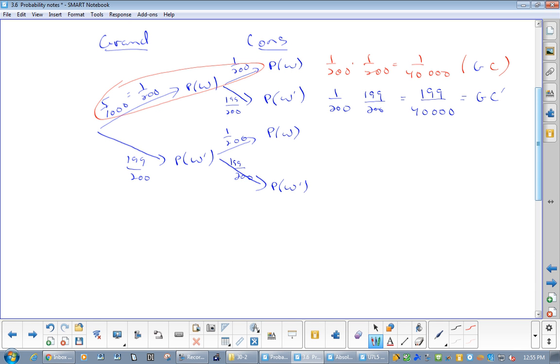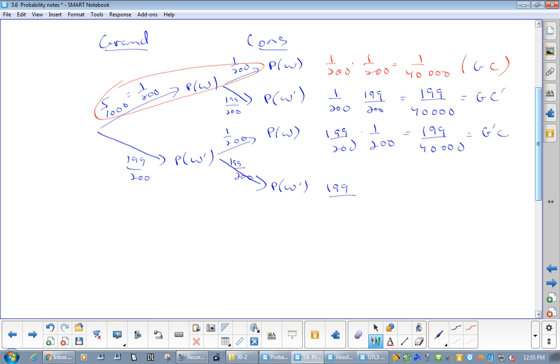Now what's the probability that you lose the grand, which is 199 over 200, and you win the consolation, 1 out of 200? That again is 199 over 40,000, because you didn't win the grand and you did win the consolation. And now, what is your probability of not winning the grand and not winning the consolation?